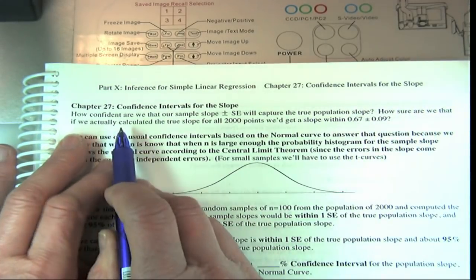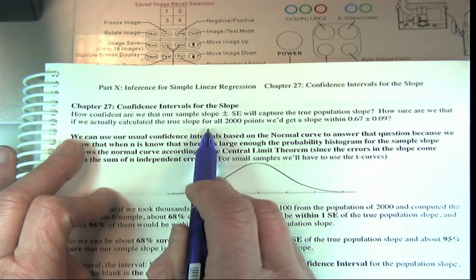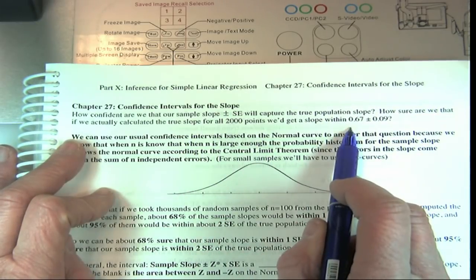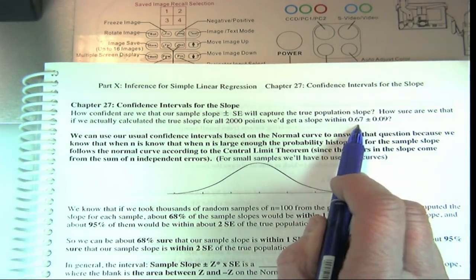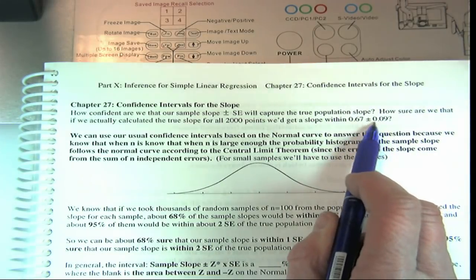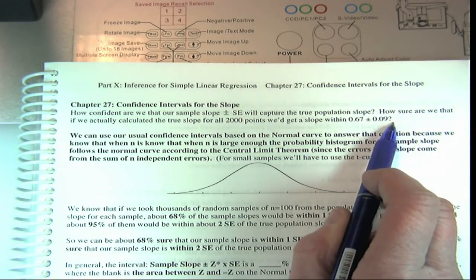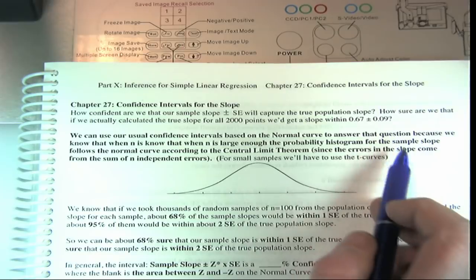How sure are we that if we actually calculated the true slope for all 2,000 points, we'd get a slope within 0.67 plus or minus 1 standard error? And I said we could be 68% confident.